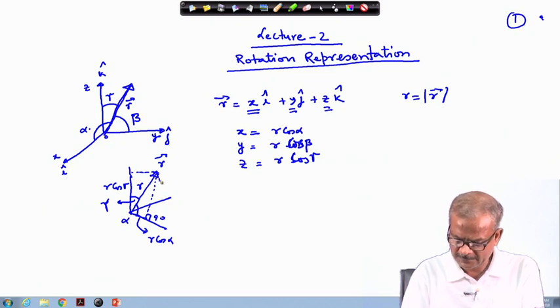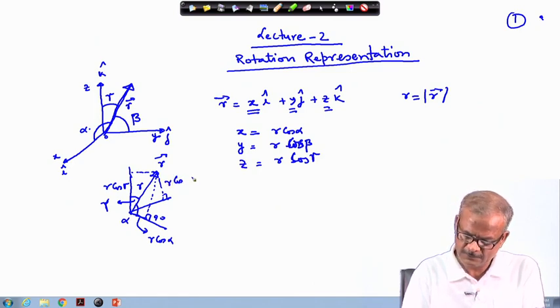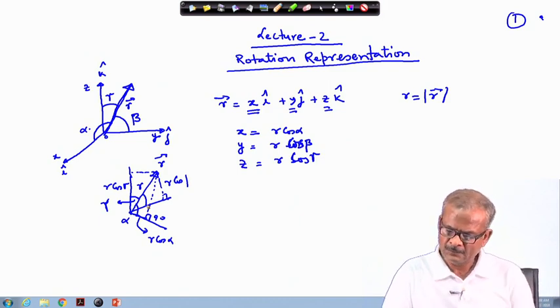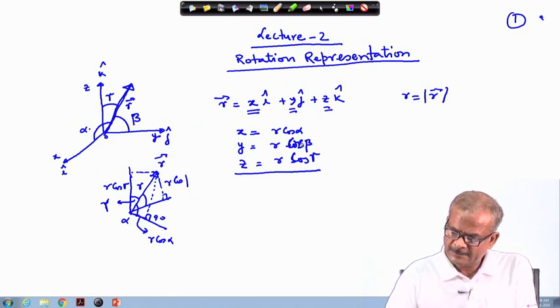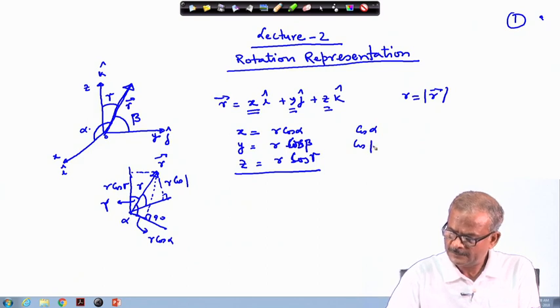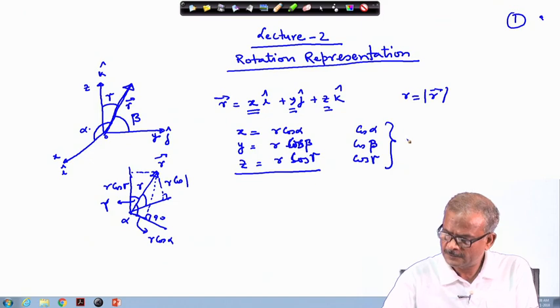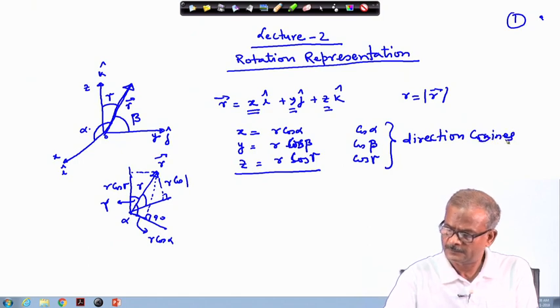In the same way, if you drop a perpendicular to this axis, that will be r cos beta, where beta is this angle. So, any vector can be represented in terms of cos alpha, cos beta and cos gamma, which are called the direction cosines.